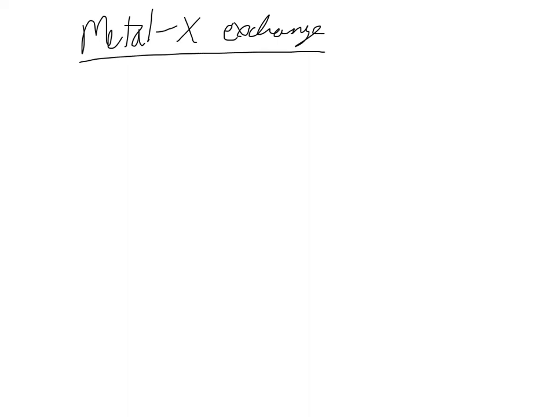So let's go over what I called a metal-halogen exchange. And I showed it in a couple different situations, but always the same mechanism. The book actually showed more than one mechanism for this, but I wanted to focus only on doing this with an SN2 mechanism. So two ways you've seen it.